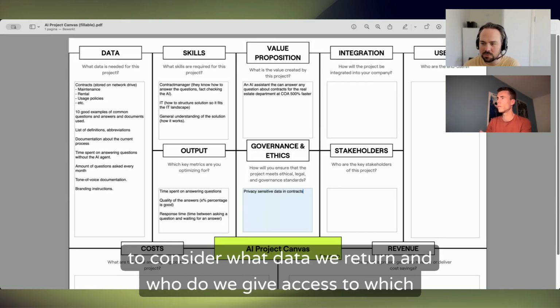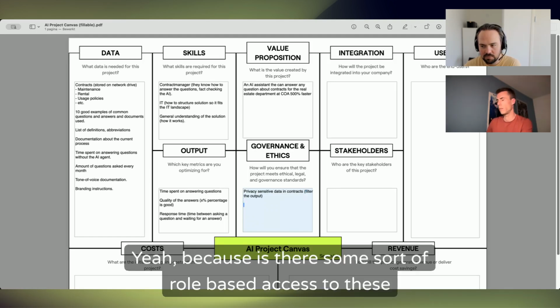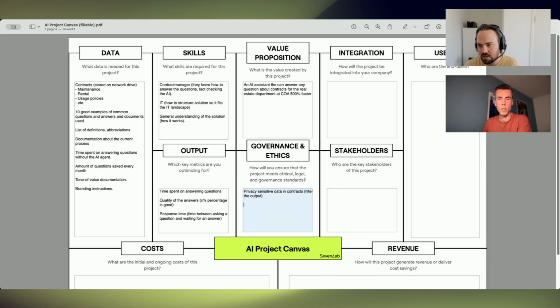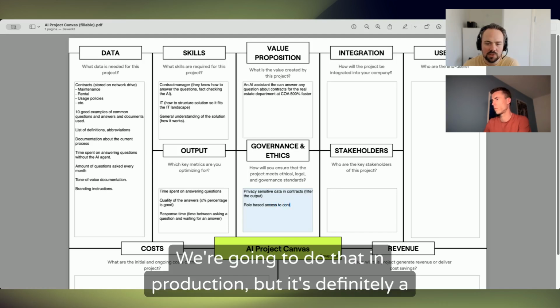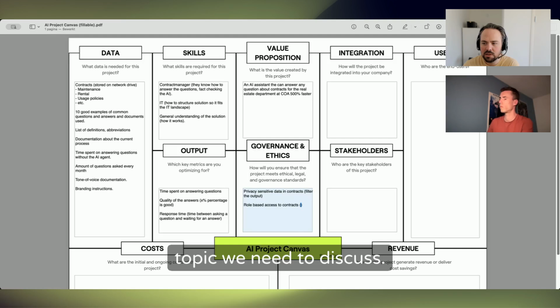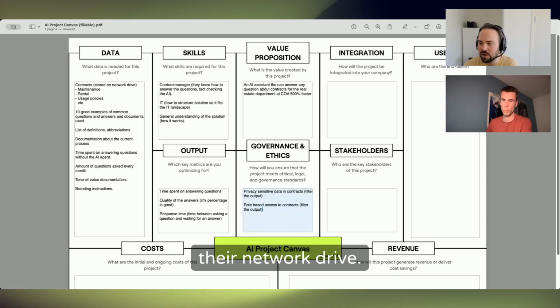We really need to consider what data we return and who we give access to which contract. Because is there some sort of role-based access to these contracts? Yeah, probably. I don't know for this project specifically yet. We're going to do that in production, but it's definitely a topic we need to discuss. And probably we want to follow the same kind of rules they have on their network drive.